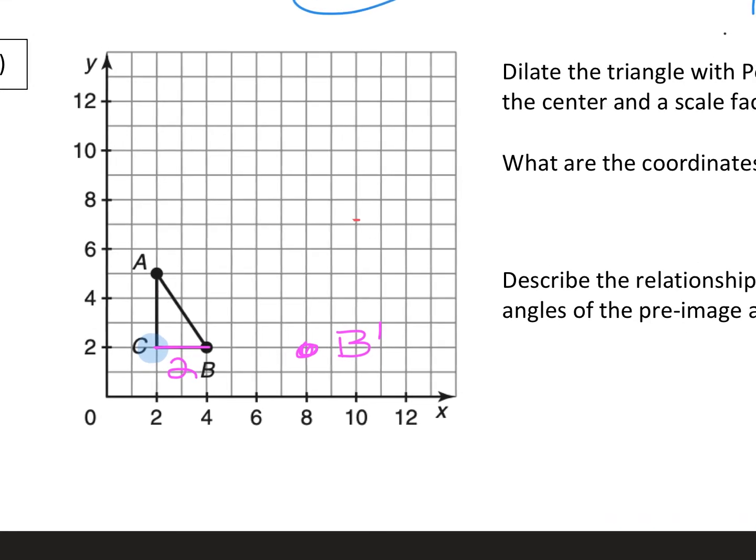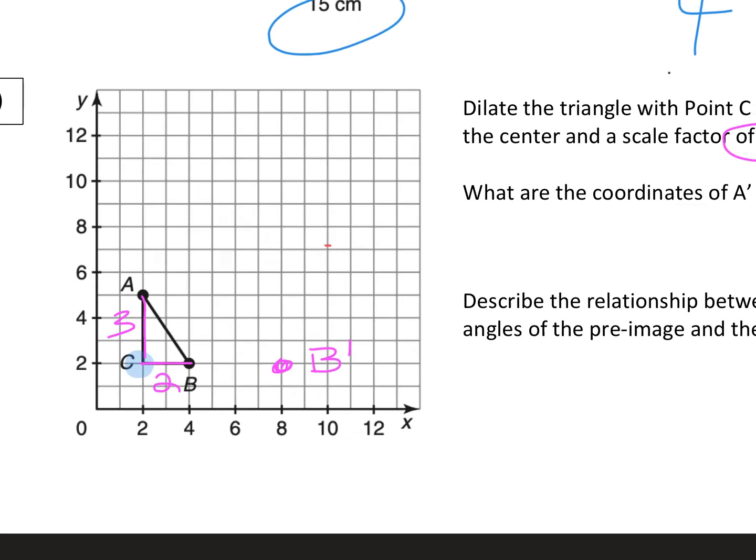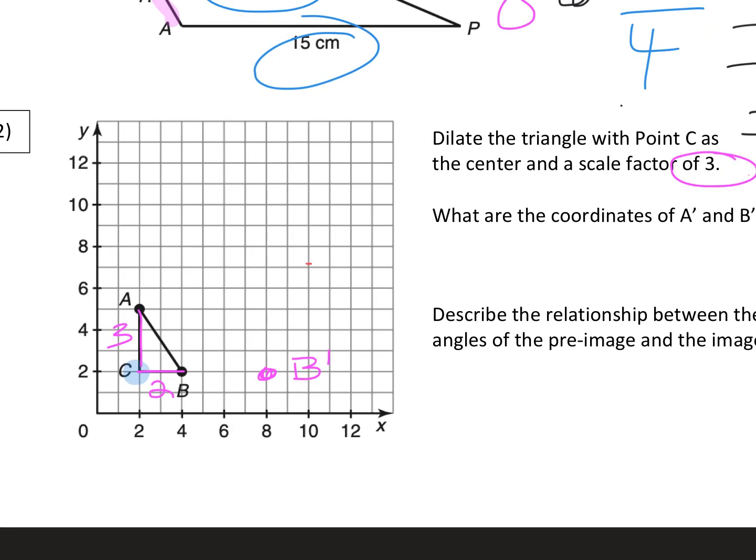Then my A prime, because in my pre-image it was 3 units away, 3 times 3 is 9, so it's going to be here. Oh, wait. No, it's not. It's going to be right here. So my coordinates for A prime will be 2, 11. My coordinates for B prime will be 8, 2.